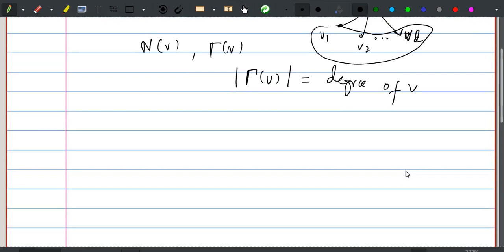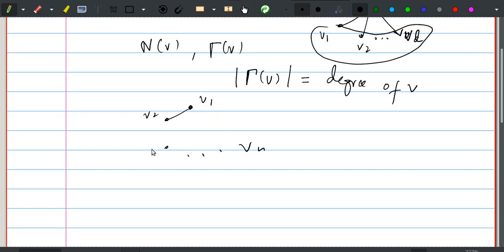Now if we have a graph G on n vertices, i.e. the order of graph G is n, with vertices V1, V2 and so on up to Vn, and this graph is given to be simple, i.e. it has no parallel edges or loops.